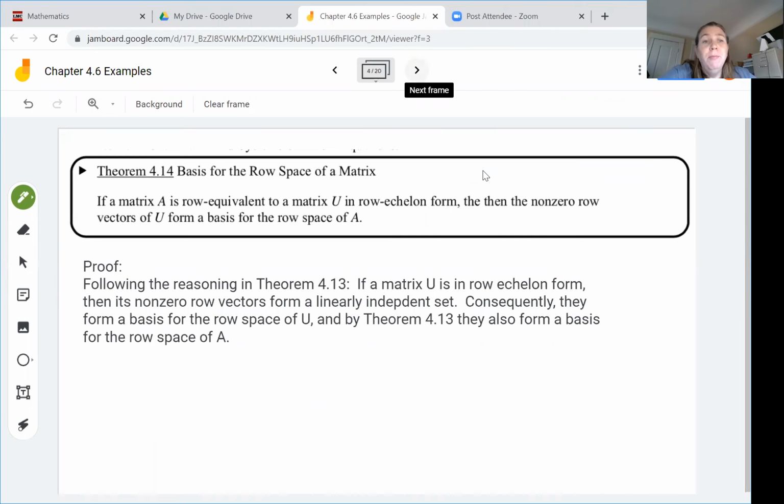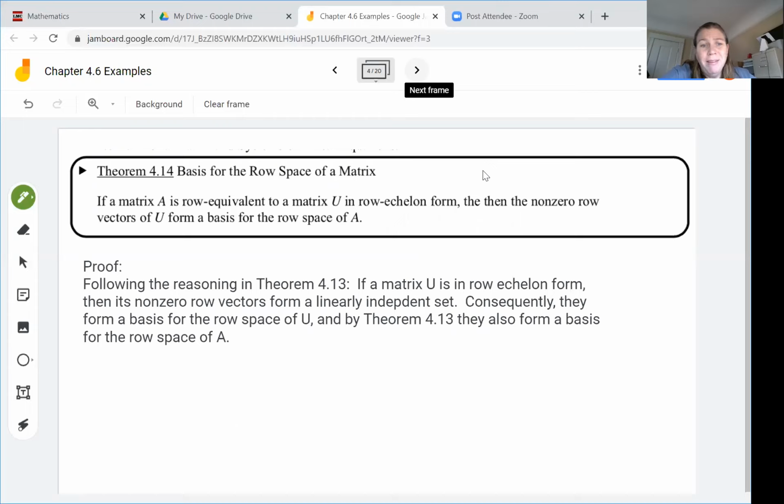All right, theorem 4.14 is related. It's about the basis for the row space of a matrix. If a matrix A is row equivalent to matrix U in row echelon form, then the non-zero row vectors of U form a basis for the row space of A. Following the reasoning that we just saw in theorem 4.13, if a matrix U is in row echelon form, then its non-zero row vectors form a linearly independent set.